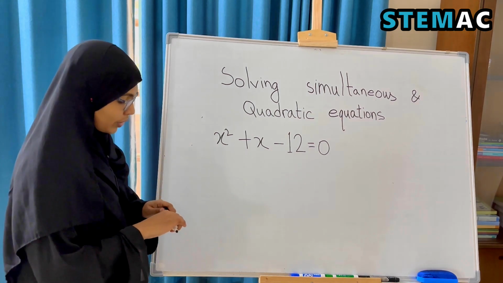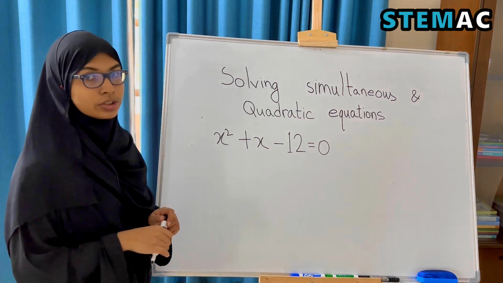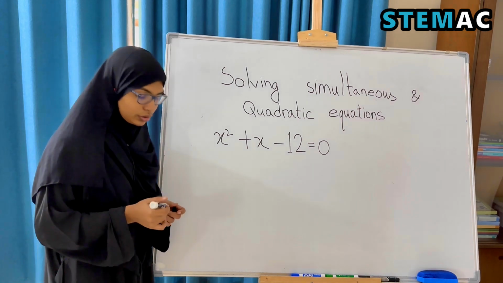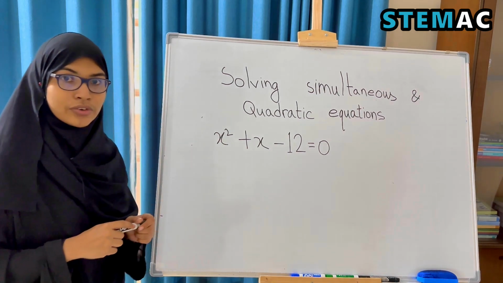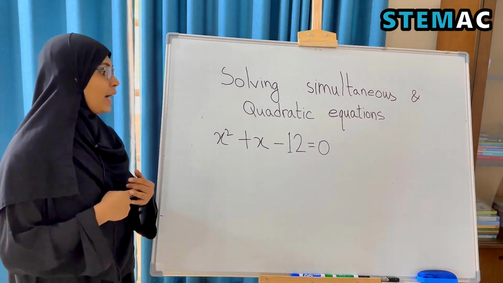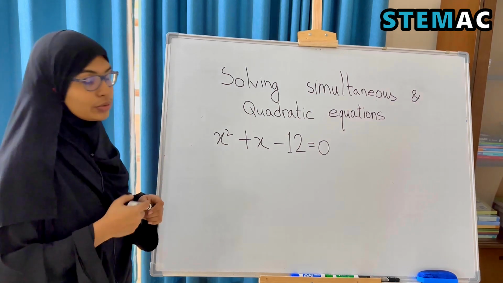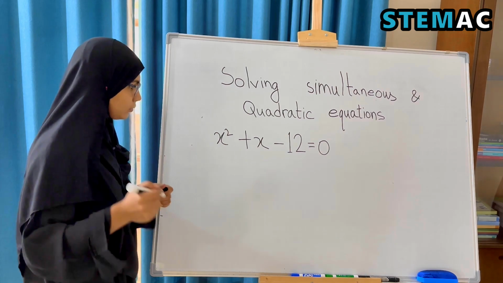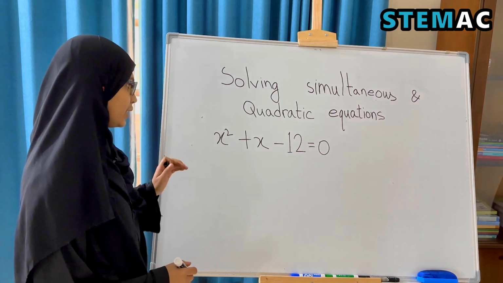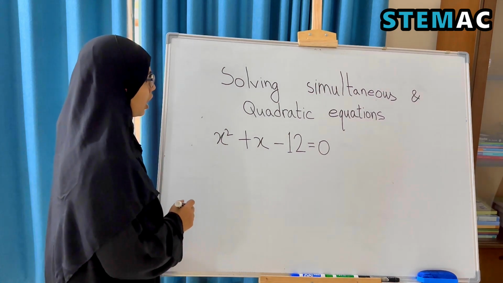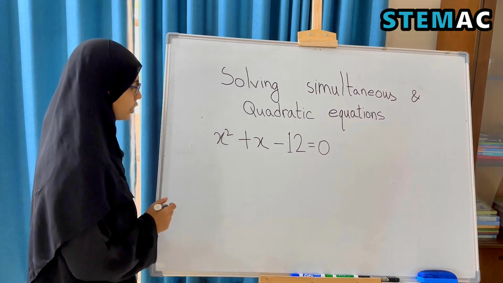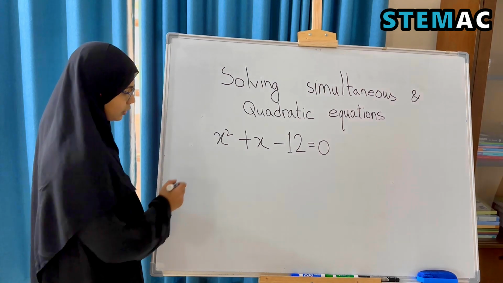So we can solve a quadratic equation by 3 methods: by factorizing, by completing the square, and by using a formula. So first let's learn how to solve a quadratic equation by factorizing.